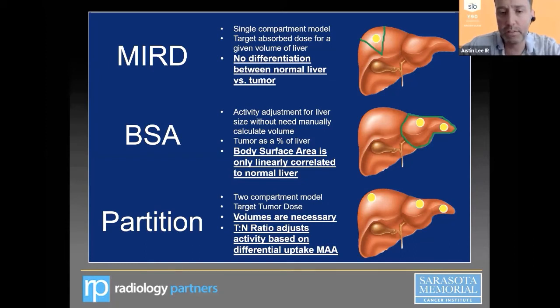In addition, it has this variable of the TN ratio, which really will adjust activity, and that TN ratio is based on the MAA, and as we know, the MAA uptake can be variable because it's not the same as the Y90 sphere. But I use that in my practice for both lobar and segmental treatments.